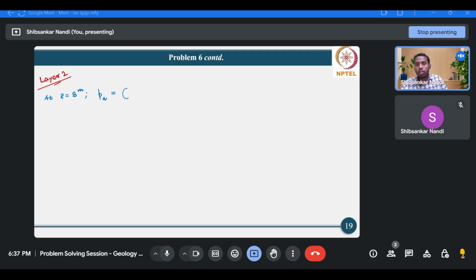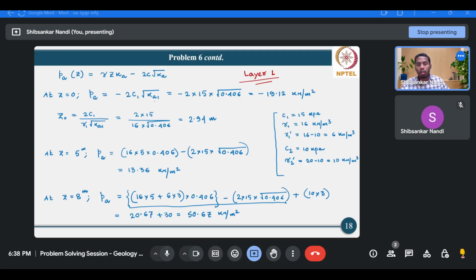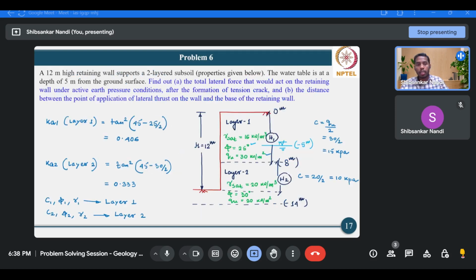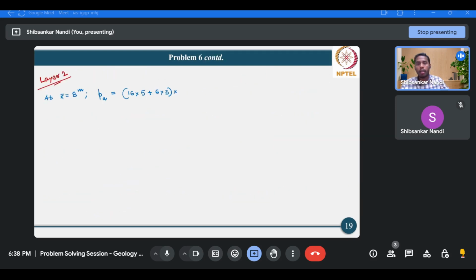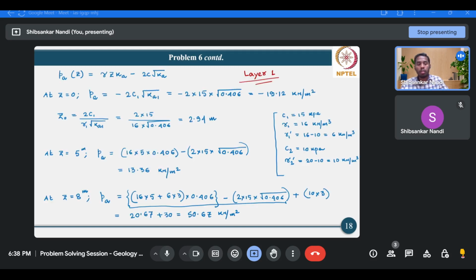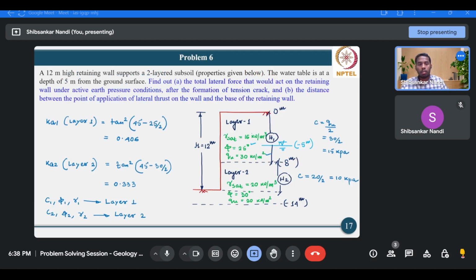Okay, so 16 into 5 plus 6 into 3, it will be the overburden for the interface. Now we have to multiply this overburden with the active earth pressure coefficient of layer 2, and it's 0.333. Okay, so this would be the change. Minus 2C. Now this coefficient again will be the coefficient of layer 2, and that is 10 kPa.